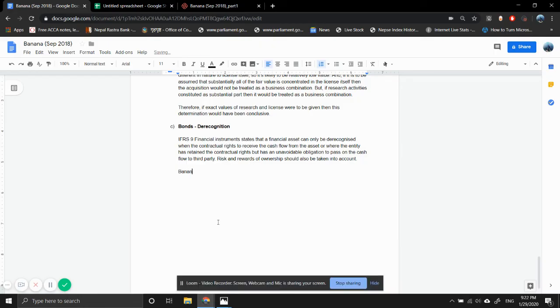Banana has not transferred the contractual rights to receive the cash flows from the bond, and the third party is obliged to return the coupon interest, right?